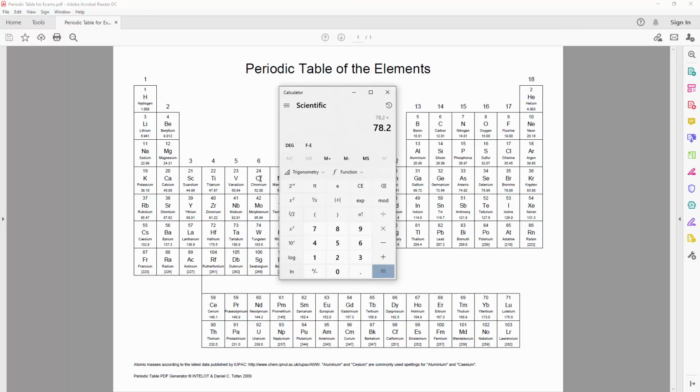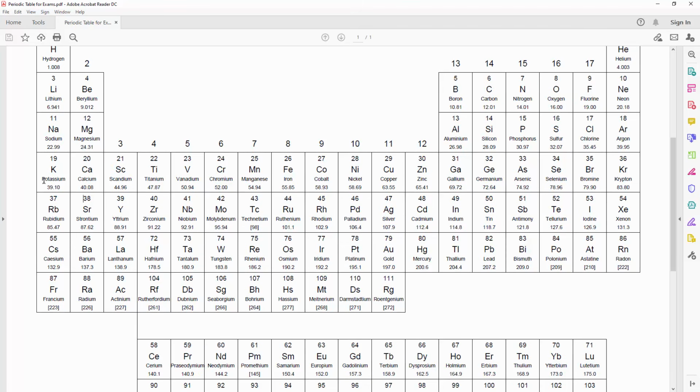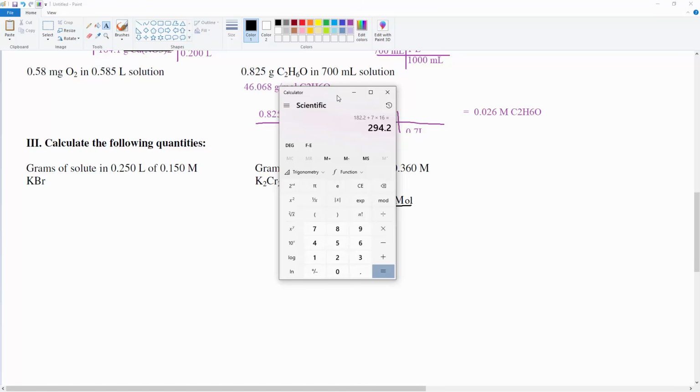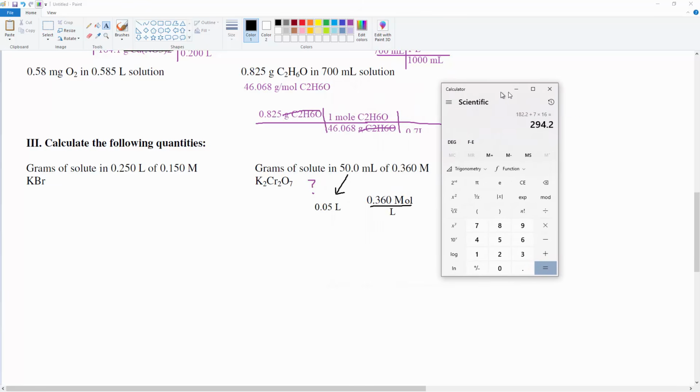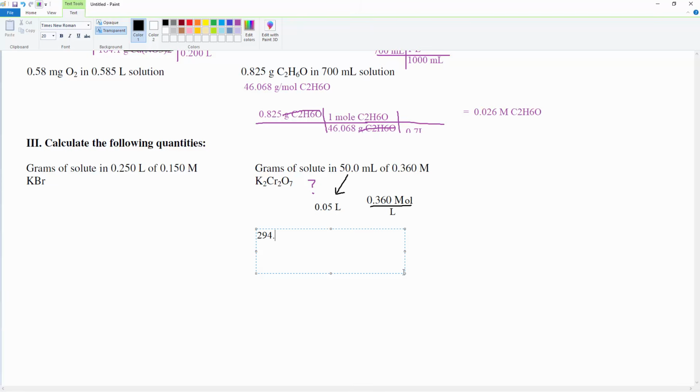Here's chromium, it's 52, so 52 times 2, plus 7 oxygens, each at 16. Yeah, so here's potassium, 39.1, chromium at 52, and oxygen at 16. There we go. That gives me 294.2 grams per mole. Is that what you guys got?